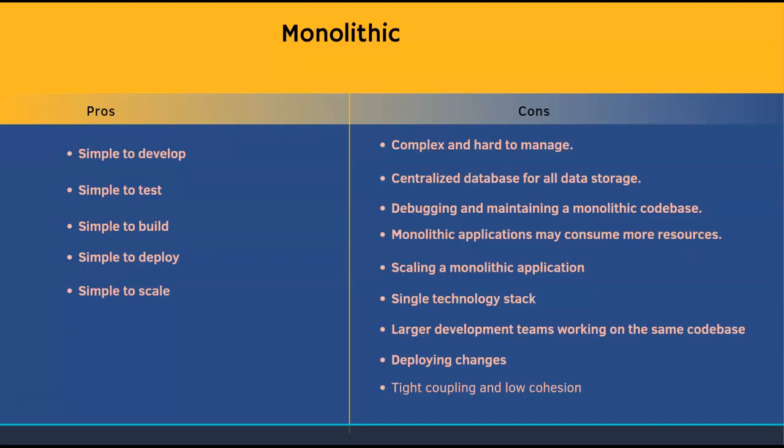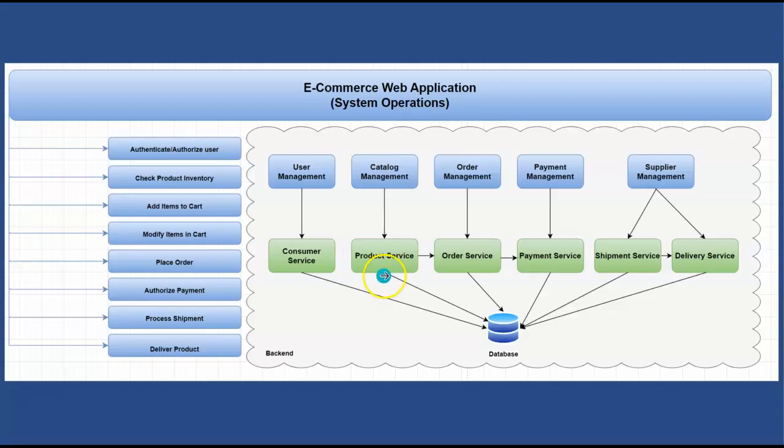Tight coupling and cohesion. You can see how tightly each service is coupled. The order service depends on the payment service, shipment service, and delivery service, and the shipment service depends on the delivery service.